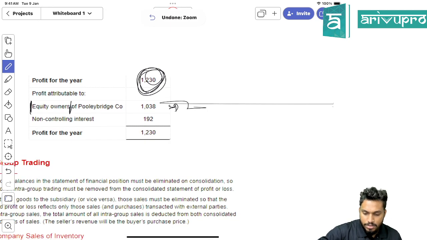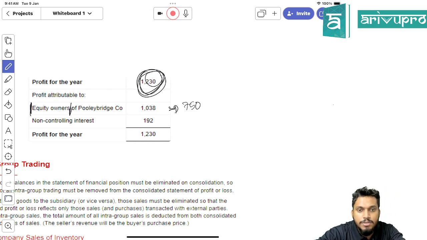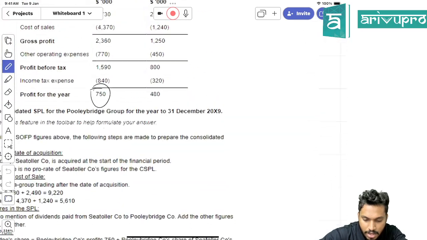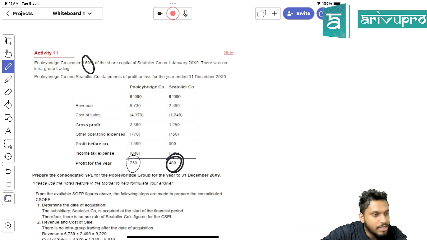And why is it not writing? Entire 750 is belonging to them. So which means that 750 plus the share that they have invested on subsidiary's profits. So subsidiary they have invested 60%.